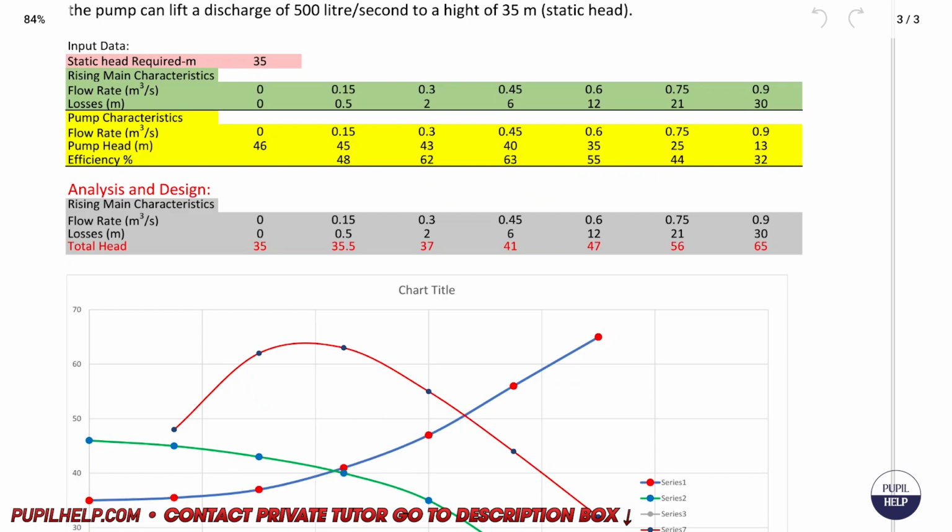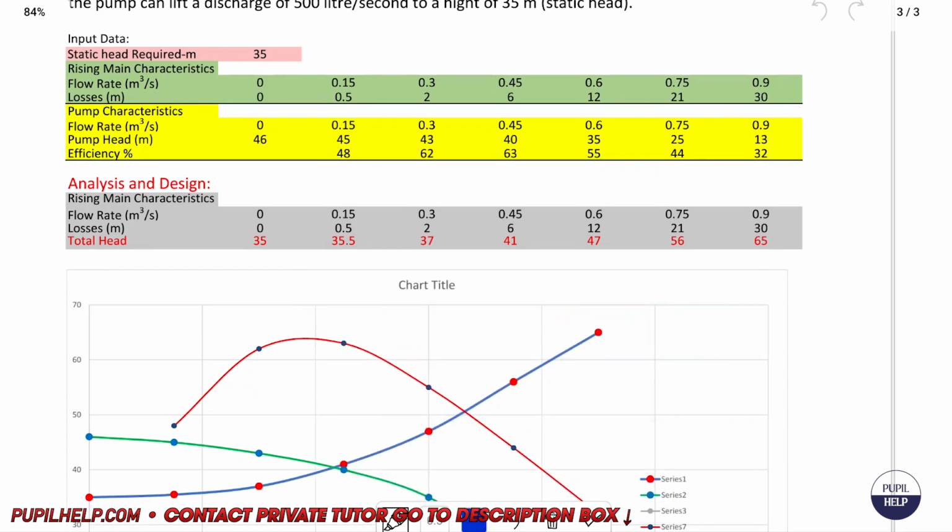The blue line is this one. So the blue line is the graph of this one. So these two give this graph, the blue one.